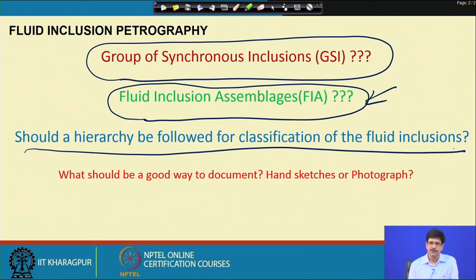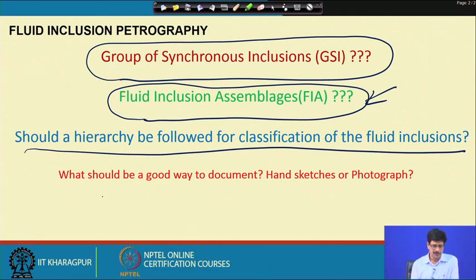Depending on the nature of the problem, suppose I am only interested in sampling the primary fluid and I am using the primary aqueous biphase inclusions, but there are secondary healed cracks in which similar aqueous biphase inclusions are present. It is good to describe that these inclusions occur as both primary and secondary, and then depending on my plan of fluid inclusion microthermometry, I can do thermometry on both the primary and the secondary type and present them in different ways, to distinguish whether the fluid that I am sampling is the same or different.